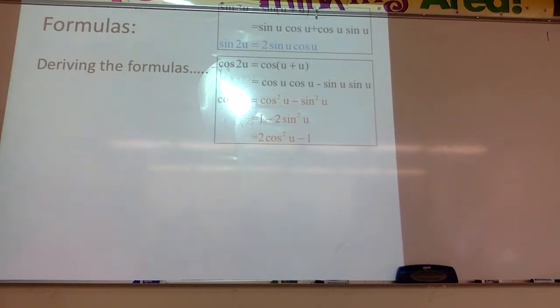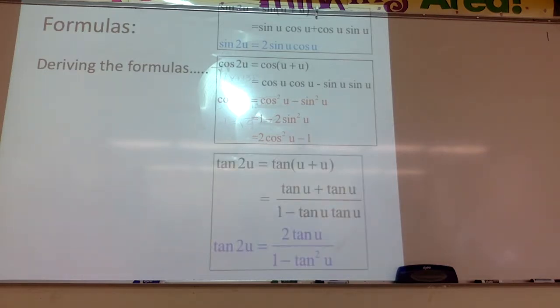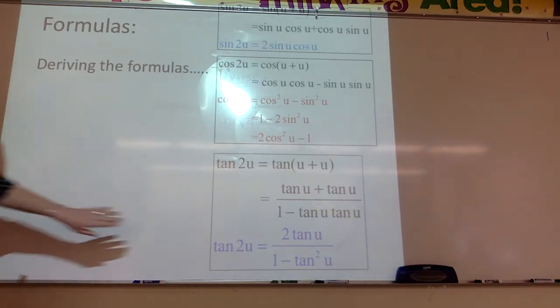So you have 3 choices that you can use based on the information you are given to calculate the cosine of 2u. So, blue formula, 3 red formulas, and then in tangent we have a purplish formula. Tangent of 2u is equal to this.